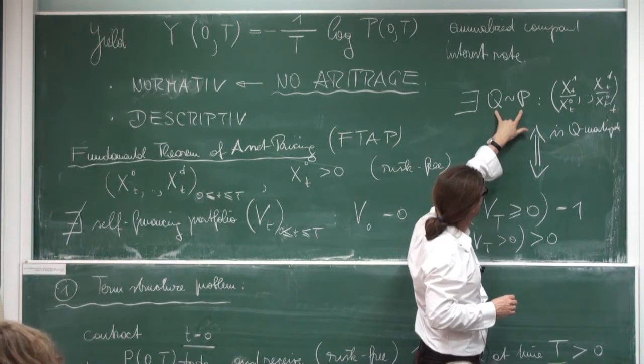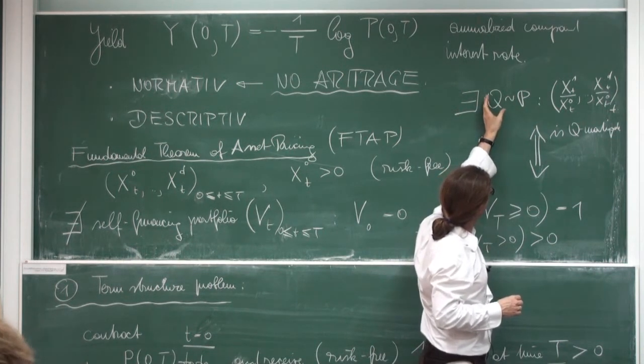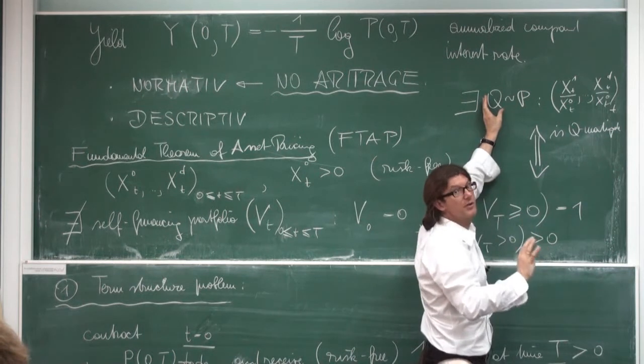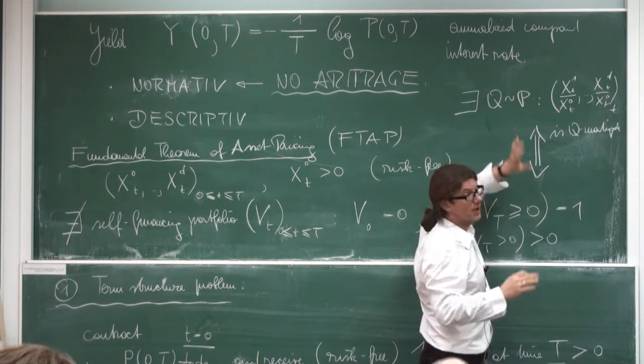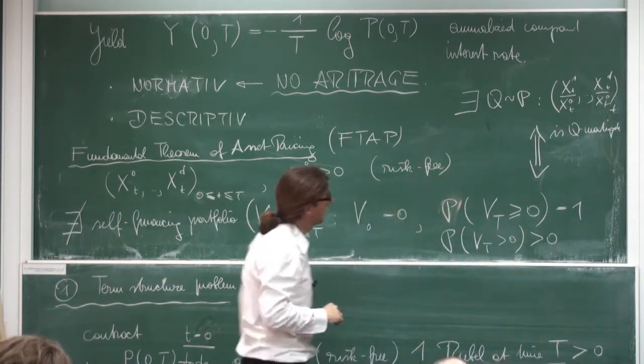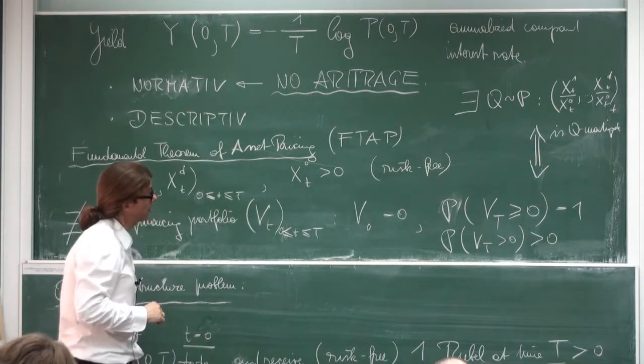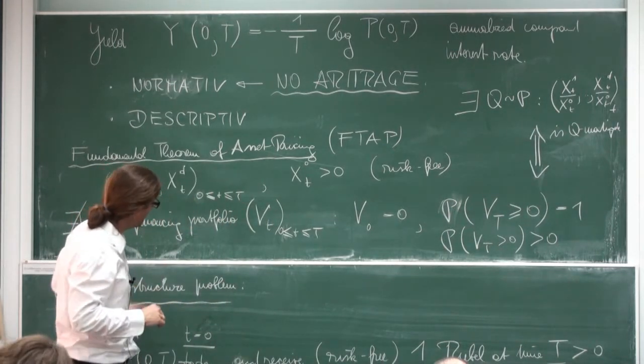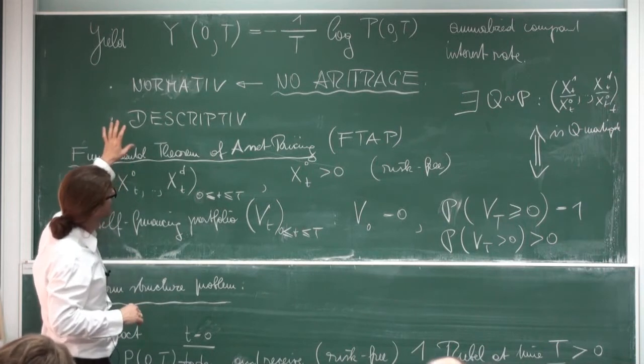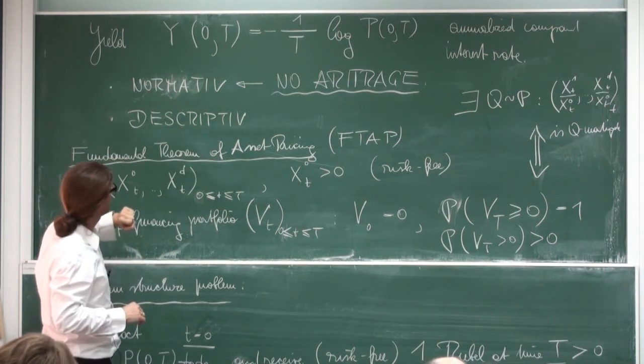And establishing a model on that level is already interesting and difficult enough. For this you can take quite ad hoc ansatz possibilities. So this is the normative part of this approach in mathematical finance.